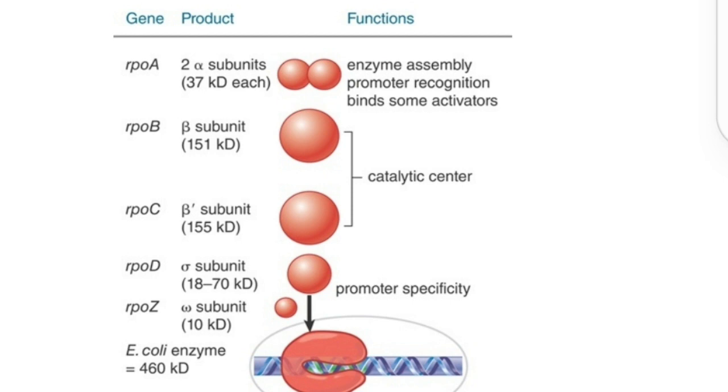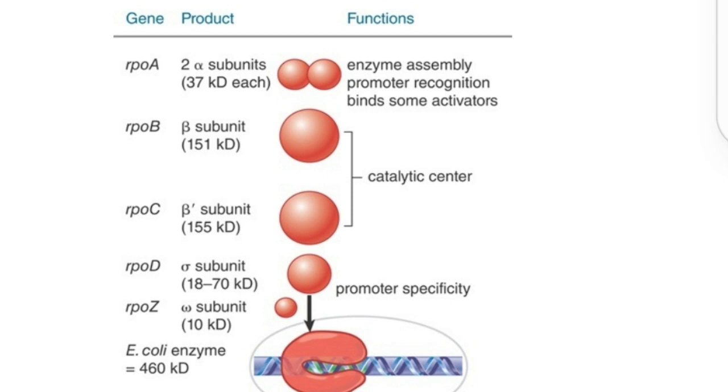The beta and beta prime subunits make the catalytic site of the RNA polymerase enzyme, and the 2 alpha subunits help mainly with enzyme assembly and promoter recognition. But the sigma factor is very important, as it provides the promoter specificity. I have another special video about the sigma factor.